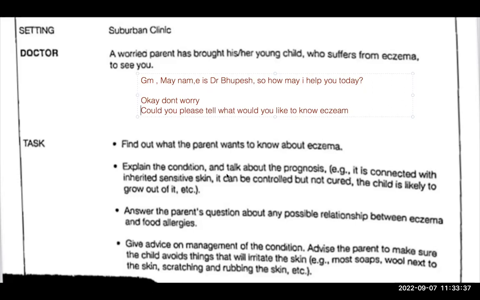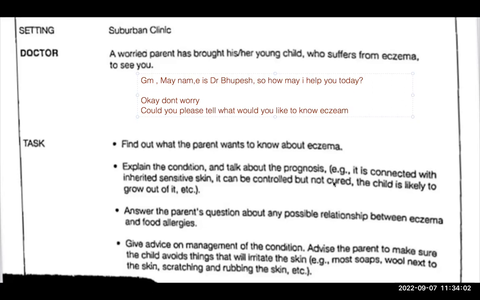So now I would like to explain to you that eczema is basically a condition which is connected with inherited sensitive skin. Basically the skin becomes sensitive or reactive. That is why this disease happens normally. And I would like to tell you more about it, that this particular condition can be controlled, but it cannot be cured.